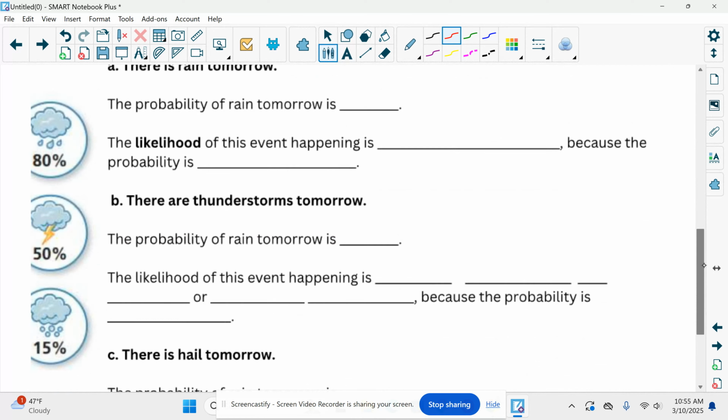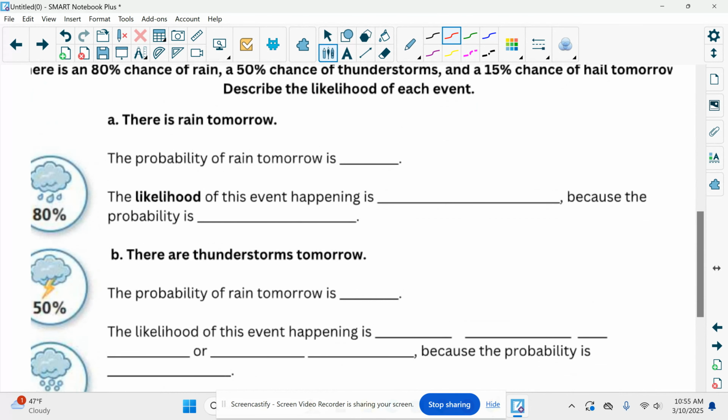First we're looking at the likelihood that it's going to rain tomorrow. To figure out the likelihood, we have to look at the probability. What's the percentage of rain that we have here? 80%. So the probability of rain tomorrow is 80%. What is the likelihood that that event's going to happen?